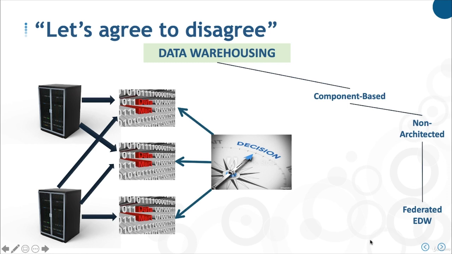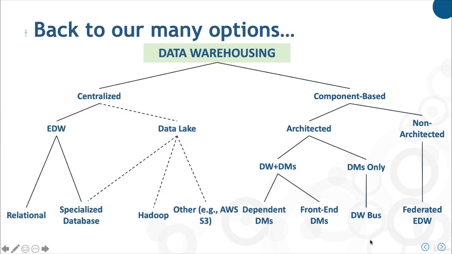Today, though, with data lakes and superior relational technology and all the other tools that we have to work with, not to mention our vast body of knowledge and practices for data warehousing, this idea of a federated data warehouse should really only be used as a last resort. You don't really want a proliferation of data marts all over the place. And so there you have it, plenty of options to choose from.